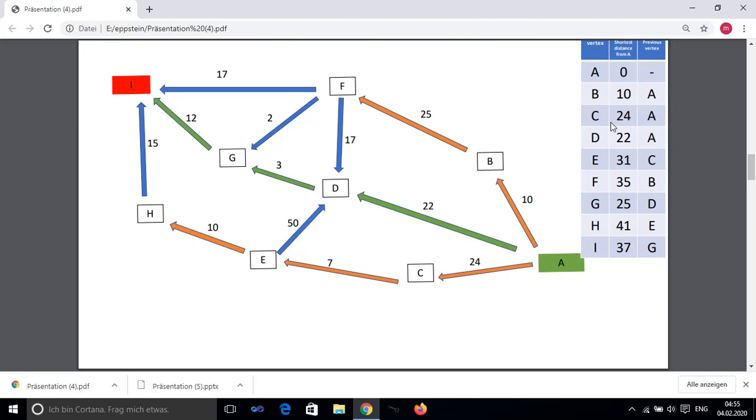The best edge of each node in this graph is colored orange. And the nodes that belong to the shortest path are colored green.